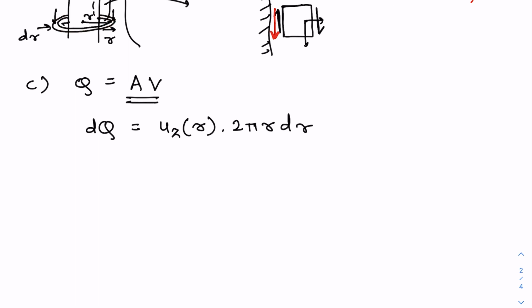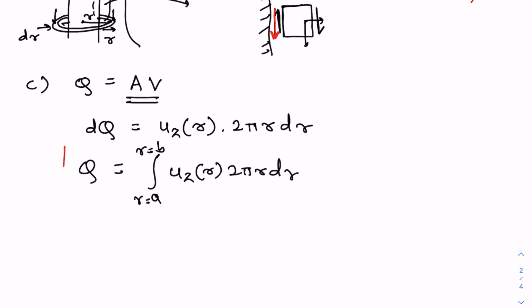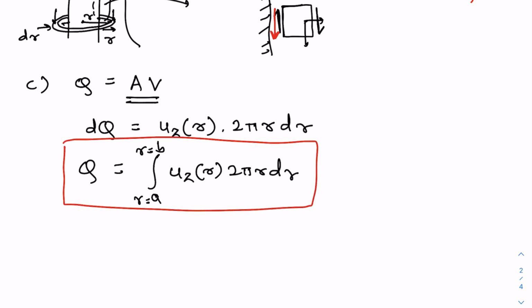Integrating on both sides, you will get q equal to the integral from r equal to a to r equal to b, that is from the rod surface to the free surface, of uz, which is a function of r, times 2 pi r dr. So that's how you find the flow rate of the liquid.